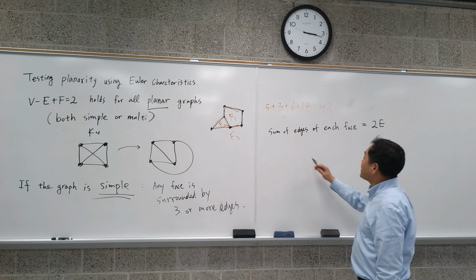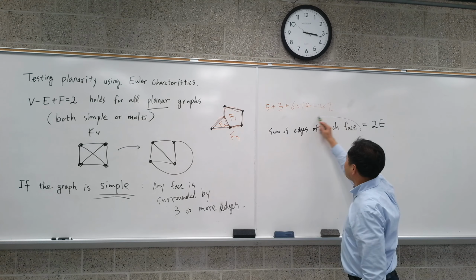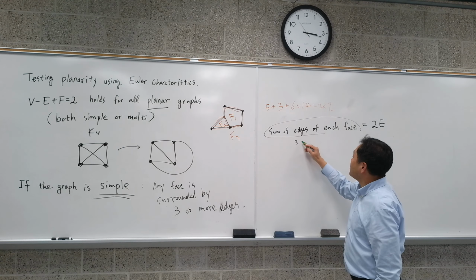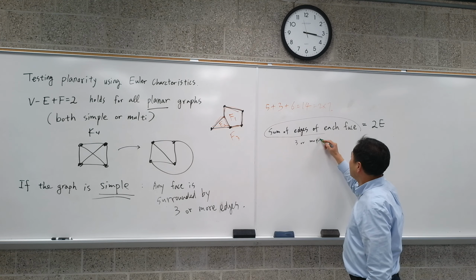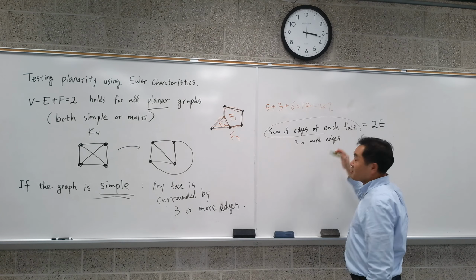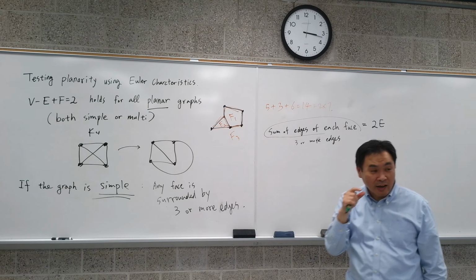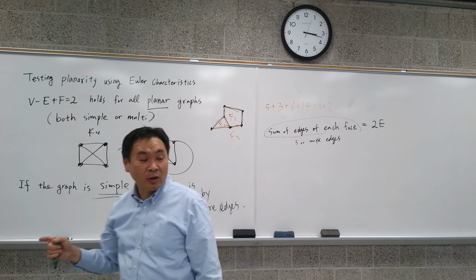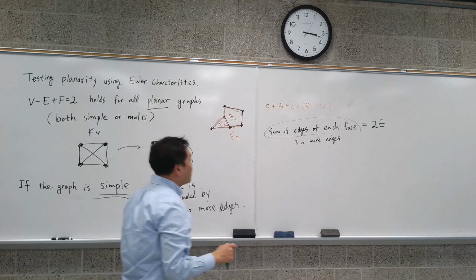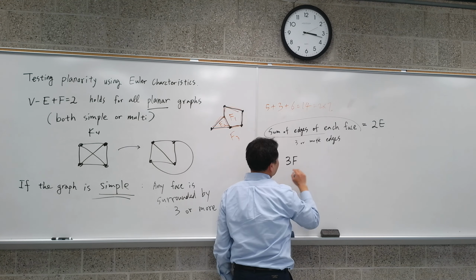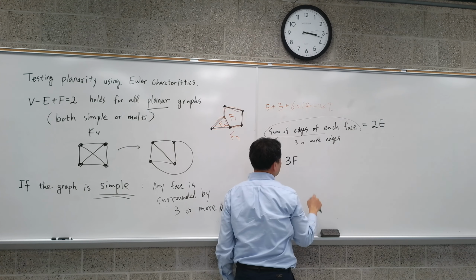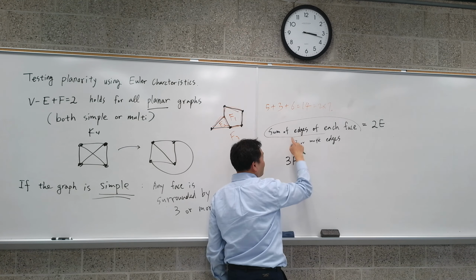Now I know that each face has 3 or more edges neighboring it, right? Edges at the boundary. So if you just wrote down 3 times f instead of counting everything explicitly, would this be bigger than this, equal to this, or less than this?